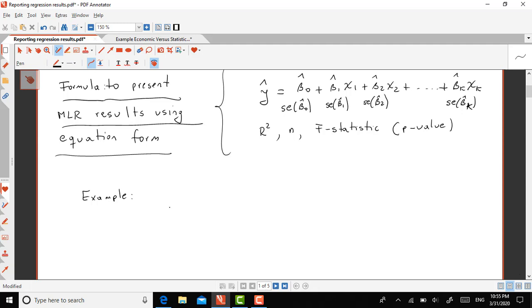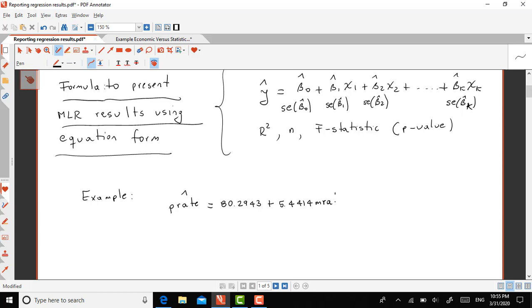Okay, so in order for us to report the regression results using the equation form, well, we first have to write the name of the dependent variable, and then we have to report the actual values for the coefficients. So this is 80.2943 plus 5.4414.